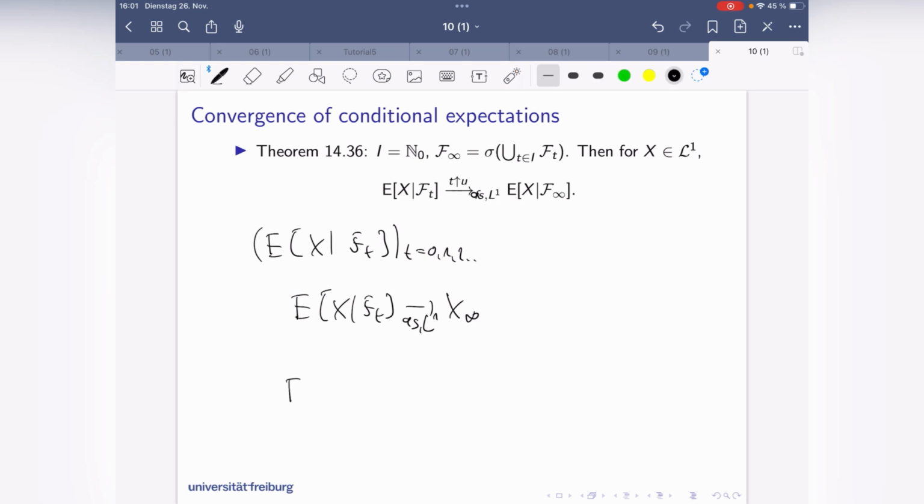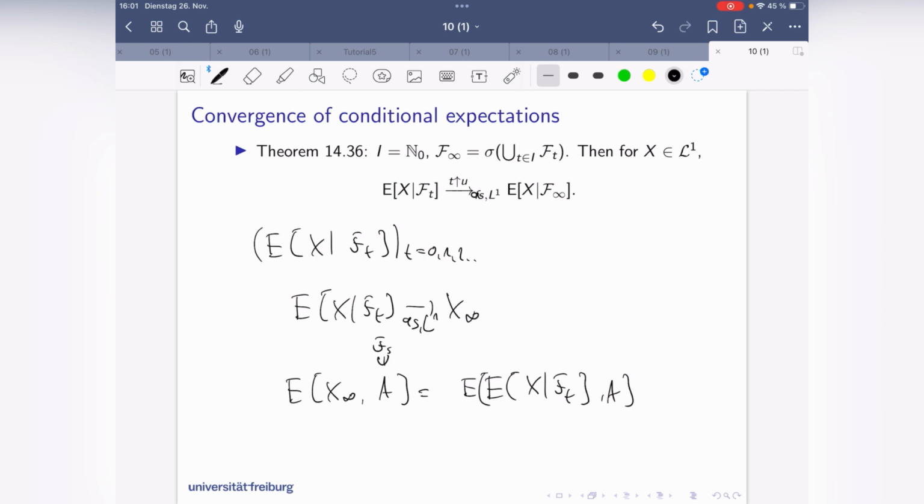And now write the following. I take this x infinity and I integrate it over some set A, and A is in Fs, say. X infinity is the almost sure and also L1 limit of the expectation of x given ft.